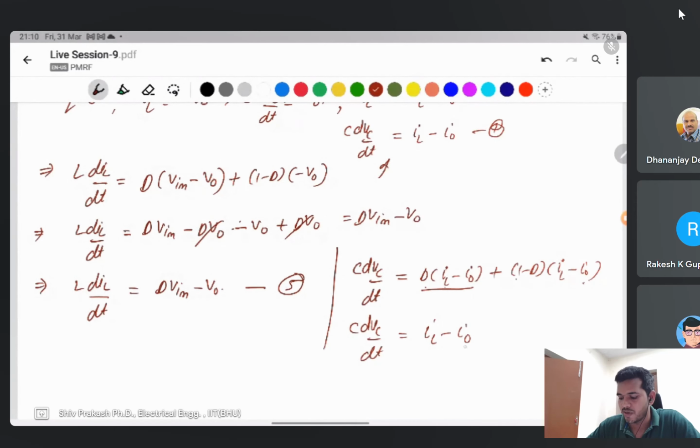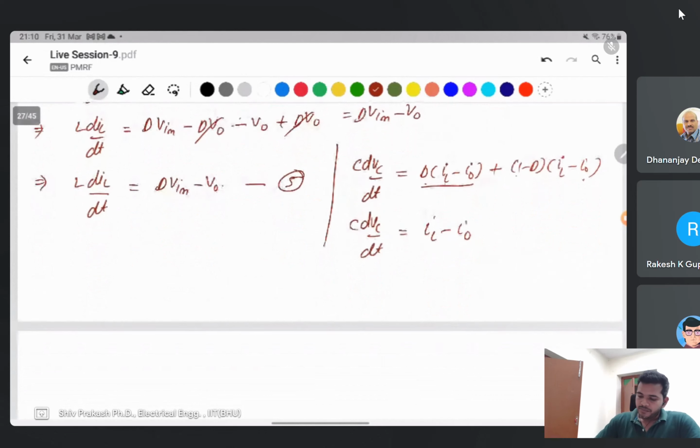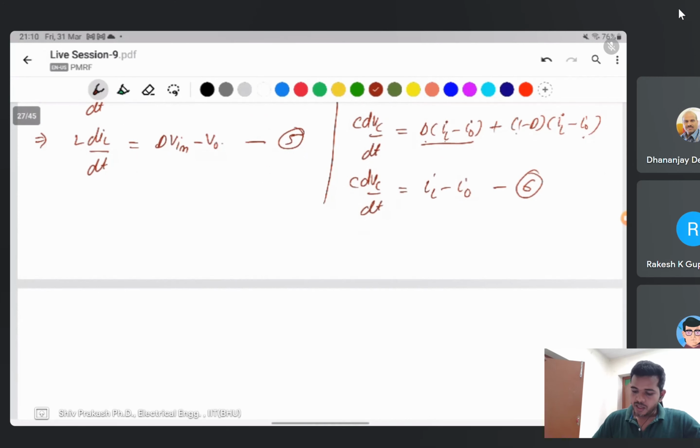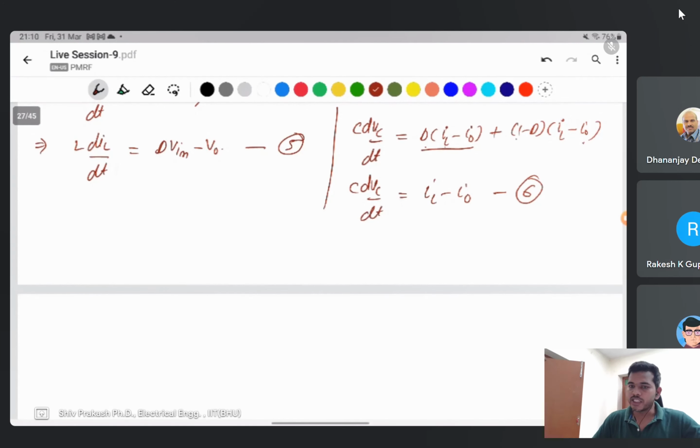The d into IL minus I naught cancels out, and only IL minus I naught is present. This is your equation, the averaged equation of inductor voltage and capacitor current, when the switch is on and off combined. Then we have an average state model. After that you do the small signal analysis of these two equations.